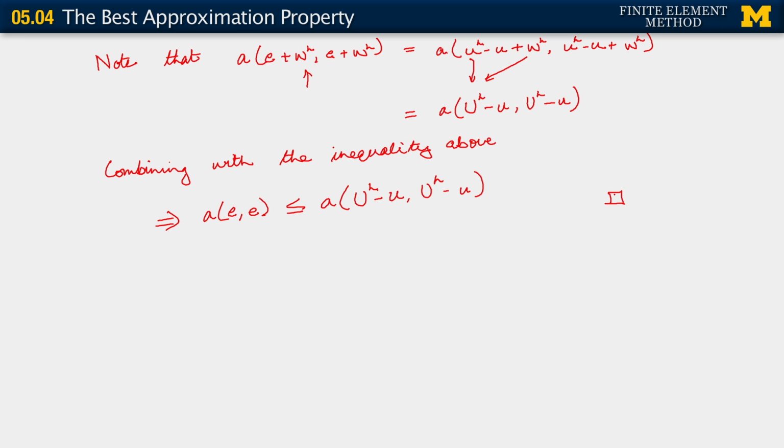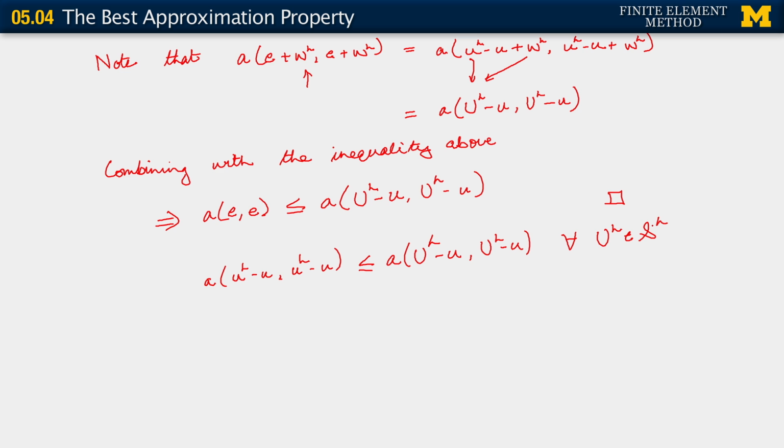And I'll restate the significance of this result. The other way to write this is, instead of expanding out the error, UH minus U. The energy norm of the error, where the error is defined as the difference between the finite element solution and the exact solution, is bounded from above by the energy norm of any other function living in SH, for all UH belonging to SH.